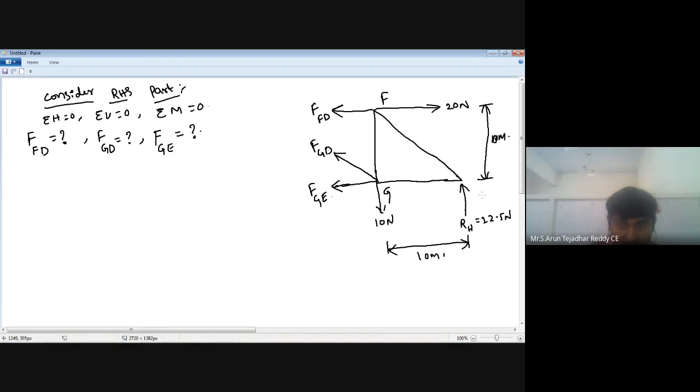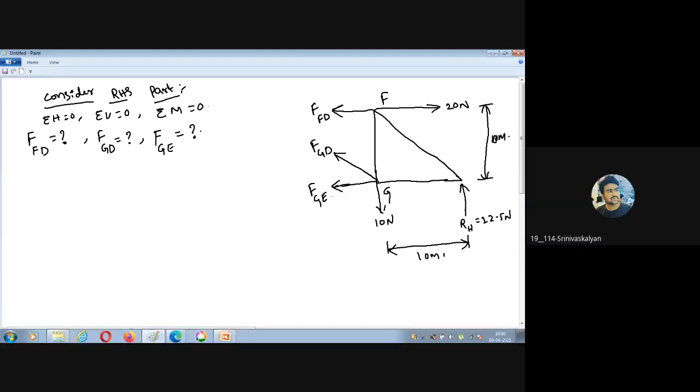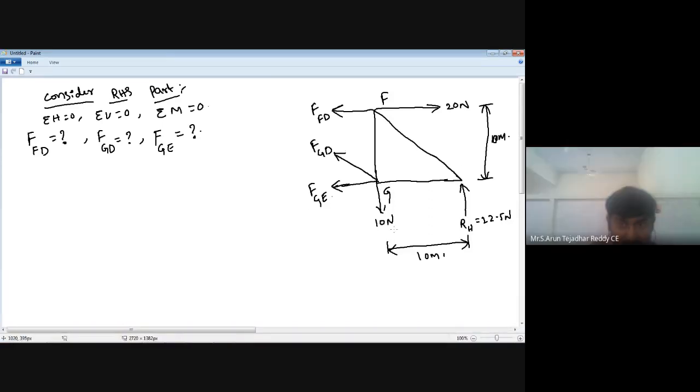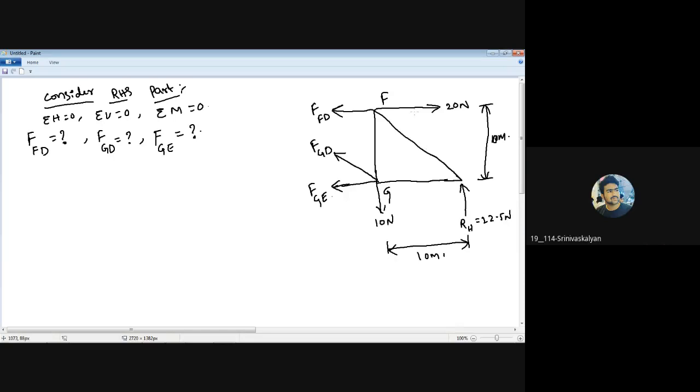Tell me. 114 Srinivas Kalyan. Yes, sir. Observe this diagram. Any member? GD, sir. GD? Yes, correct.